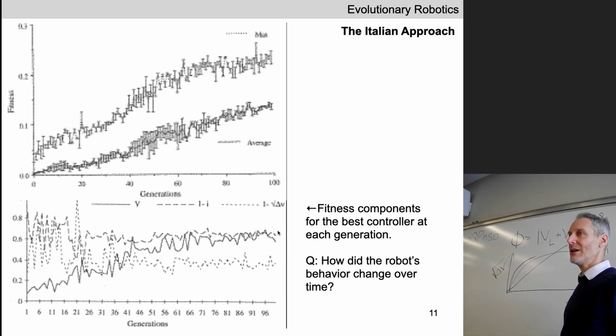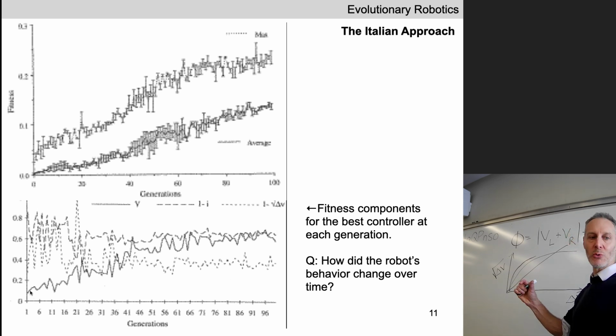What was happening in generation 0, right at the beginning with random controllers? What were the wheels doing in response to randomly weighted neural networks? Moving kind of slowly, right?